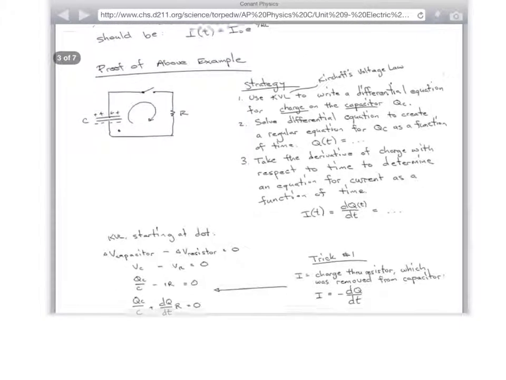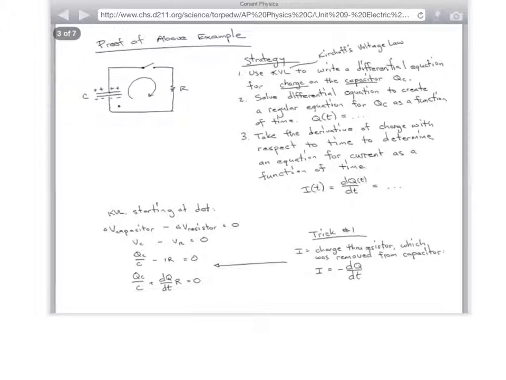So the first thing we do in this example is we start with the voltage law. I'm going to start at this point in the lower left-hand corner. What's the first thing I see going around the circle? I see the capacitor. Are you going to gain voltage or lose voltage across this capacitor? Gain. You're going to gain. So it's going to be plus the voltage across the capacitor. Then going around, what's the next thing I see?